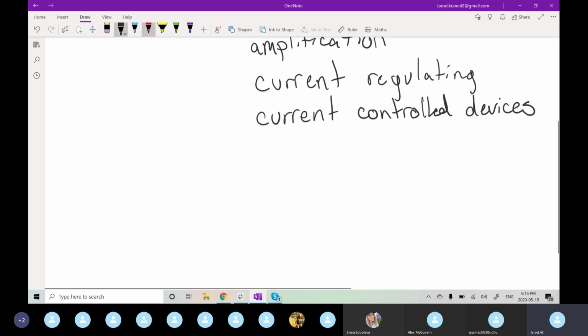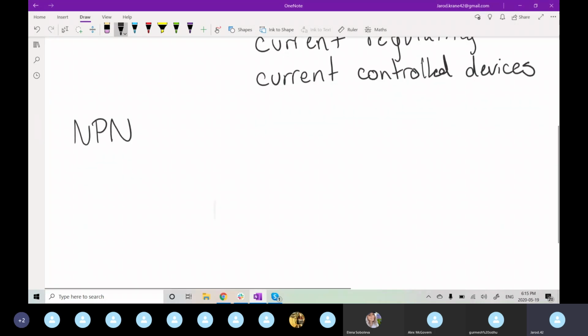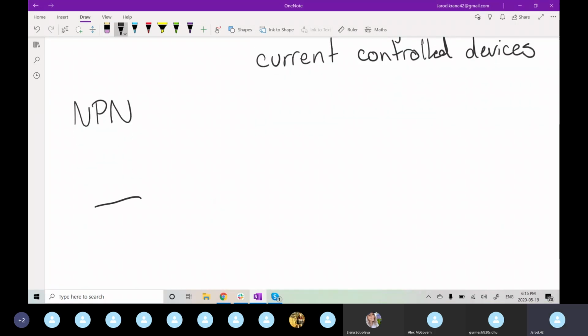So if we start with the NPN, it is a three-leg device with base, collector, and emitter. Now we have three primary operating regions.